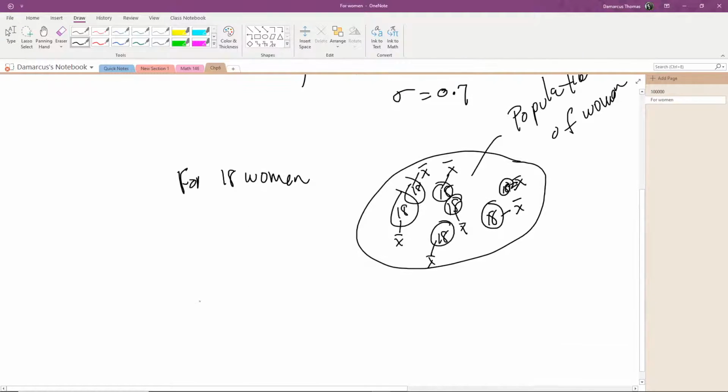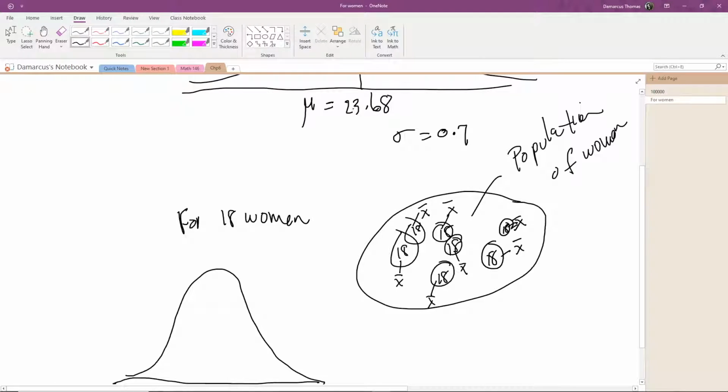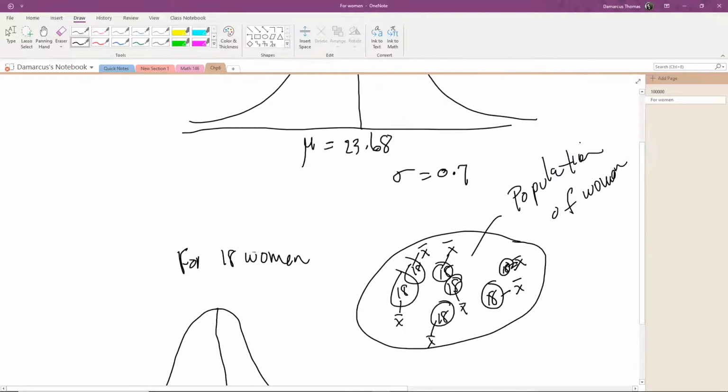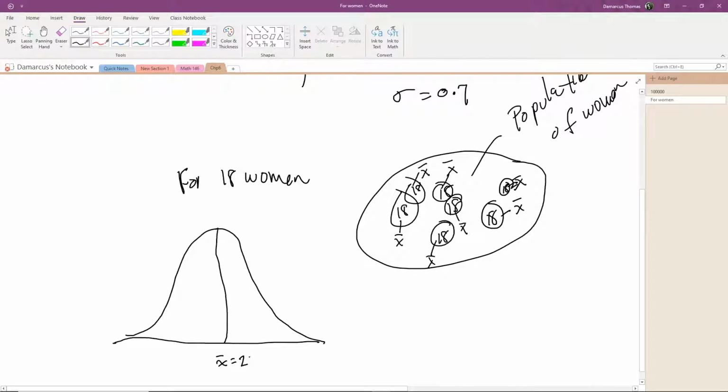So the sampling distribution, it's different, but there is something that's the same. The mean is the same. But the deviation is not the same.